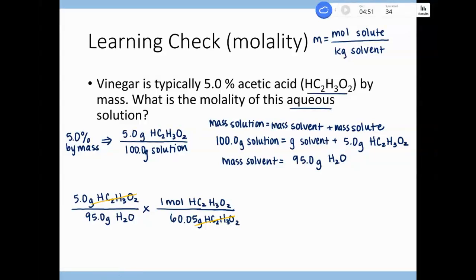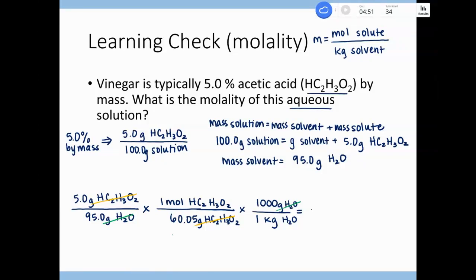So we've reached the numerator that we're looking for. And then we need to convert 95 grams of the solvent to kilograms. 1,000 grams is 1 kilogram. So we've canceled out grams of water. And we're left with moles of acetic acid over kilograms of the solvent, which is water.